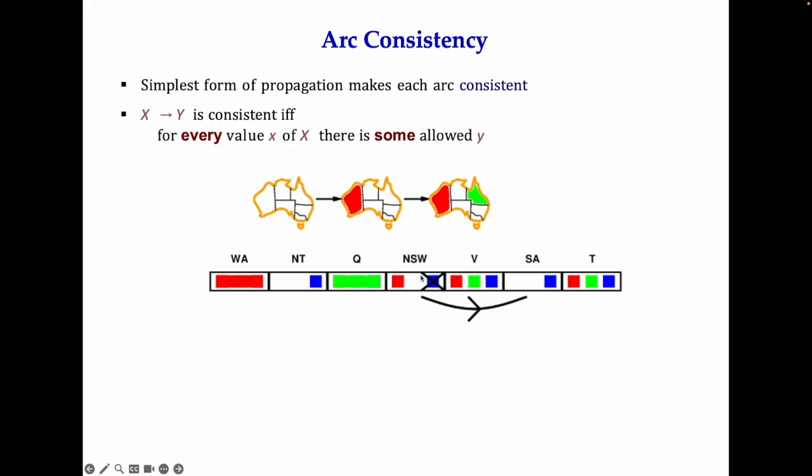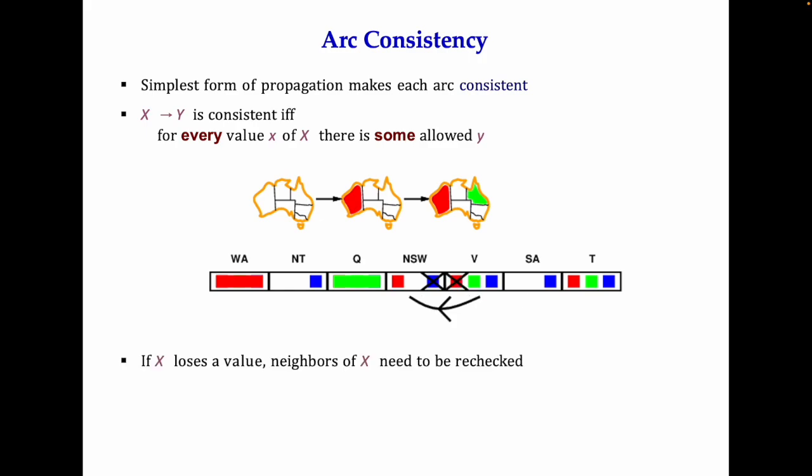Because of the same reason that here we said that NSW cannot be blue, because South Australia, which is the neighbor, is left with only blue. Therefore, NSW cannot be blue, so we remove blue from here. Now, because NSW has lost a value, you have to check other regions that are neighbors to NSW, for example, Victoria. And now Victoria also cannot have red because this region is only left with red. And so red is removed from Victoria.